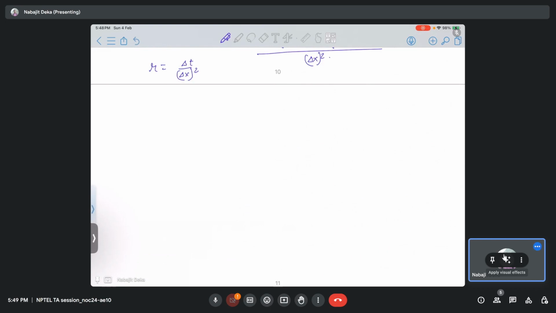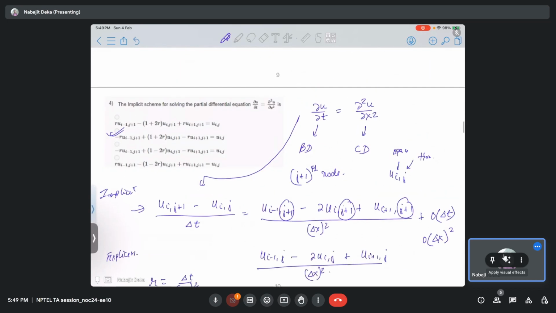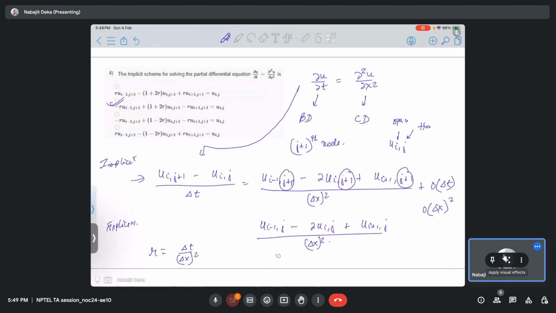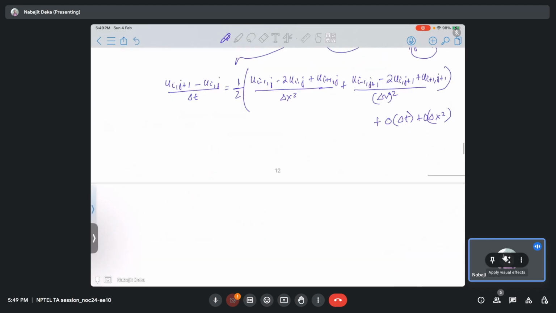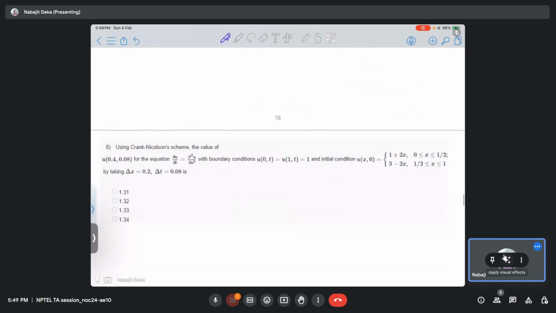If the system becomes nonlinear, you have to use other methods to solve the nonlinear system of equations in the implicit scheme. So computation time goes high, but it ensures that the system is stable for all kinds of r. So that's an added advantage.